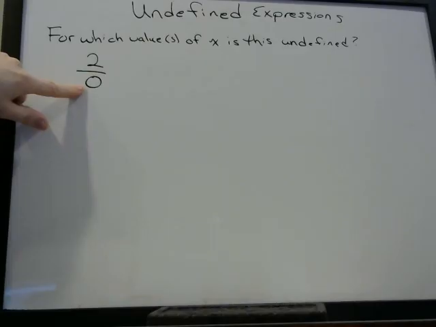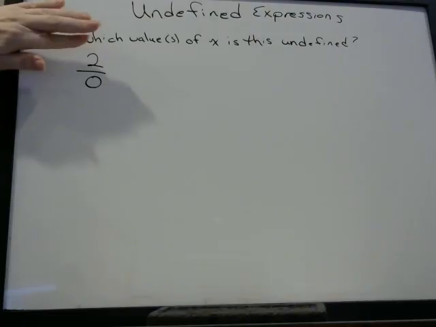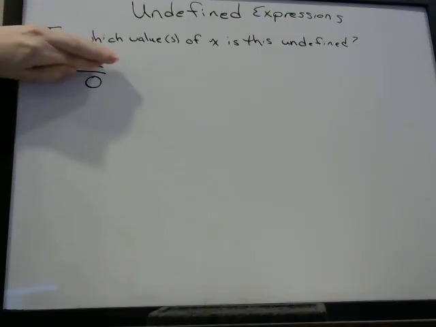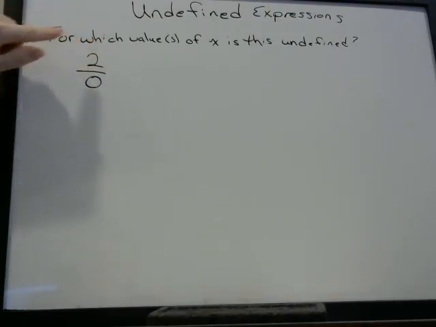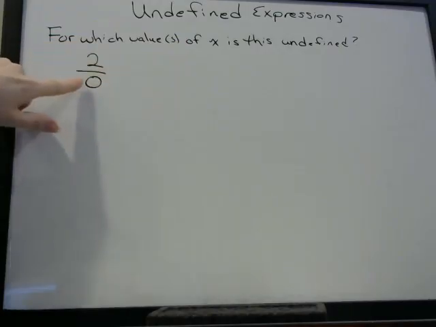It doesn't make sense, and in math we call that being undefined. So you can't have a 0 in the denominator of a fraction. For the GED test, we really don't care what's in the numerator. What's making something undefined is if there is a 0 in the denominator.